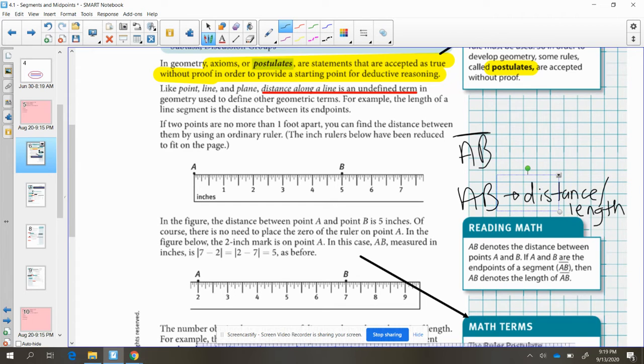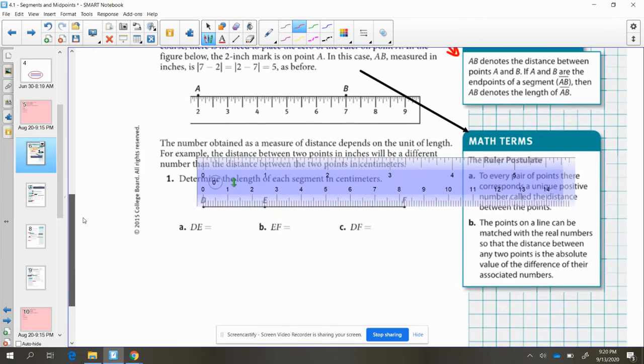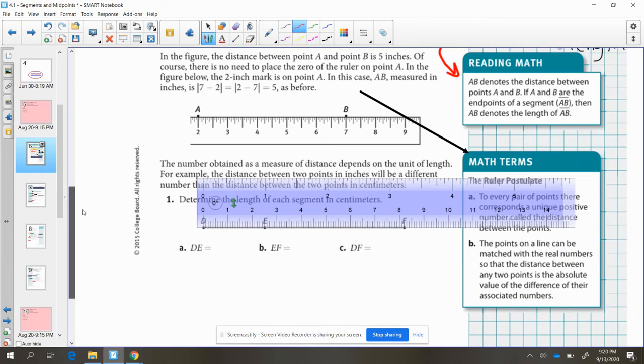Think about measuring with a ruler: if we measured segment AB, we would say the length is 5 inches in this case. This is talked about a little more in the reading math box you'll also see on page 39.